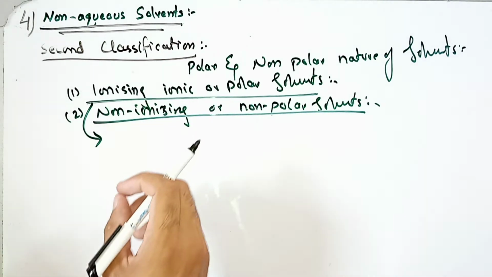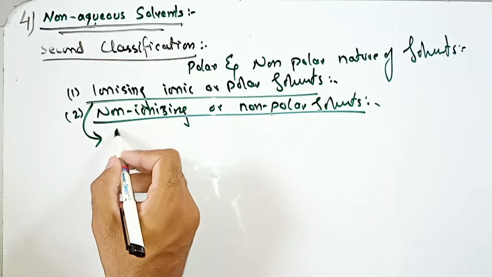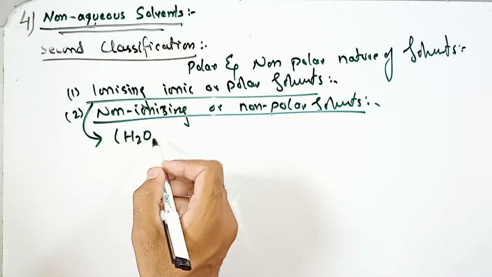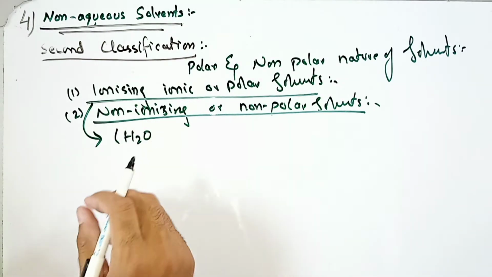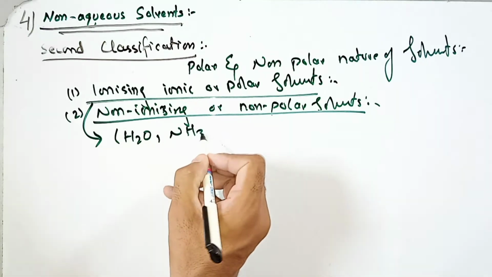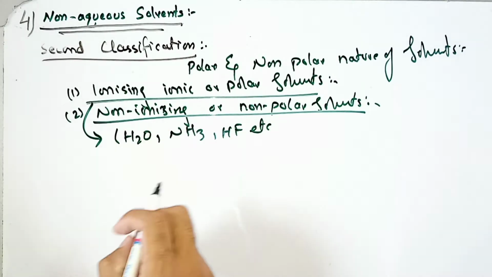First of all, I will write examples of the ionizing polar solvents, after which all the points I write will be clear to you. H2O, NH3, HF, etc. These are all ionizing solvents or polar solvents.